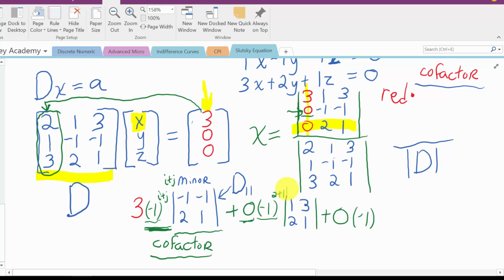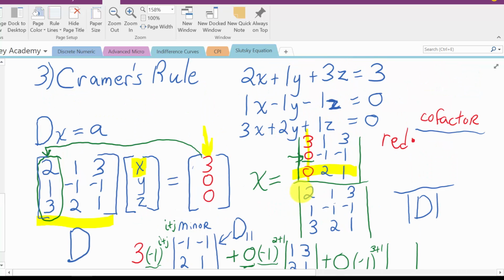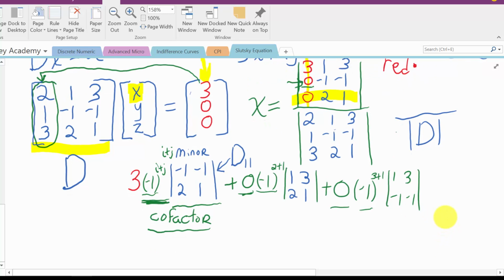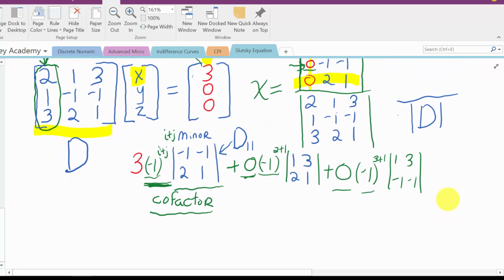So that's raised to the 4th power, 3 plus 1. So that's going to be just 1. That's not going to matter anyway because we're multiplying everything by 0. But here's the minor. The minor up here is the 1, the 3, the -1, and the -1. So 1, 3, -1, -1.